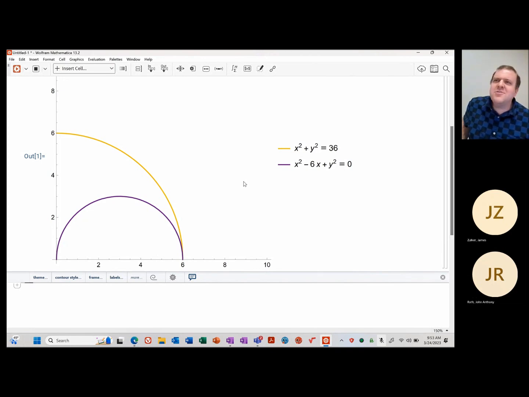Does not look like dark yellow on that screen, but we'll make do.